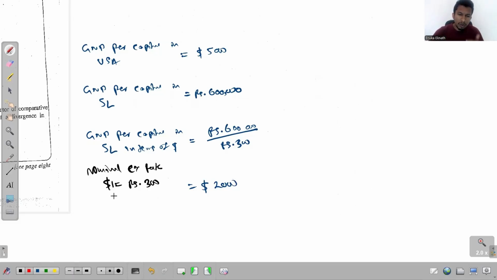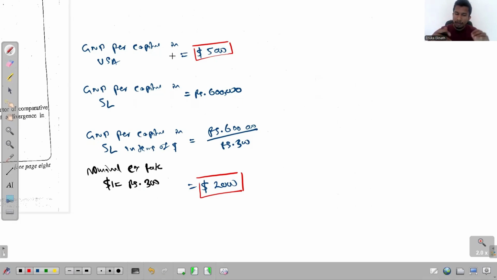I'm comparing GNP per capita in USA, which is 5,000, with GNP per capita in Sri Lanka in terms of dollars, which gives me 2,000. By looking at these two values, we can understand how poor we are. In America it's 5,000 per person, but in Sri Lanka it's just 2,000 per person. So this way we can make comparisons.